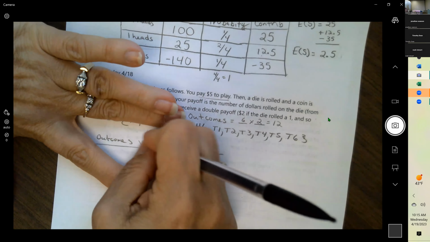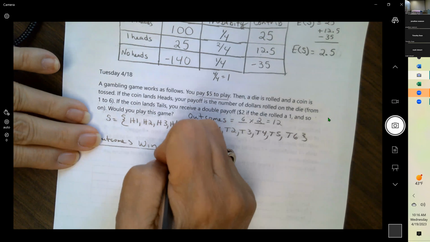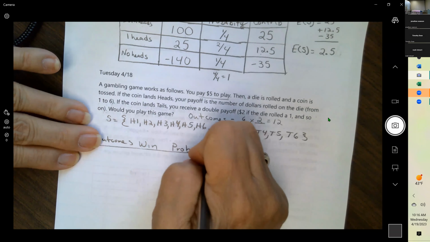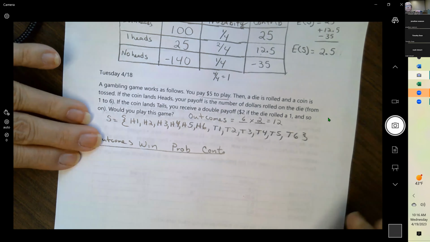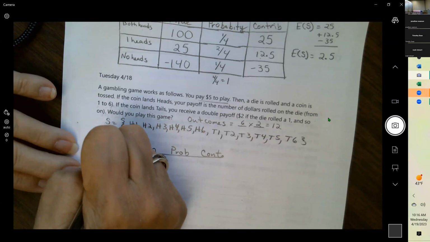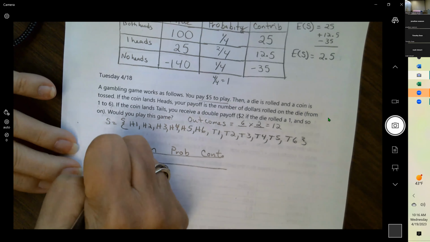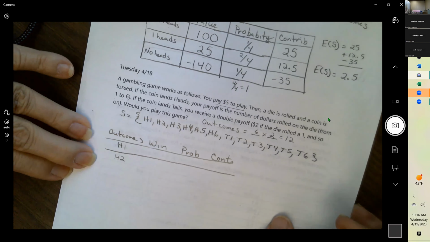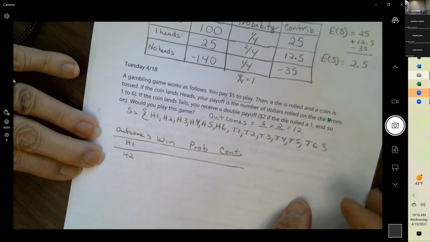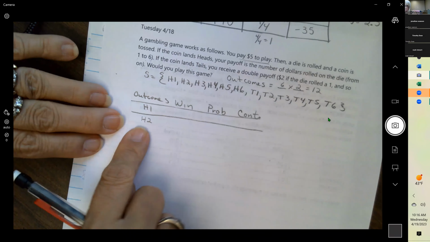I'm going to call the value winnings. We probably need to list them all because each one has a different winning. Where this one, we only put one heads, we didn't write them separately. We were able to put them together, but here you're winning different amounts depending on the number on the die.